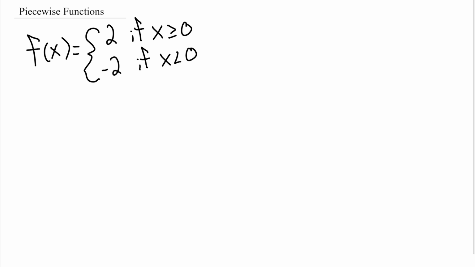So a couple of key points here. First of all, notice that in our case, we've accounted for every possible x value. You don't have to do that, but in this case, our domain is going to be negative infinity to infinity because we have defined every single possible x value.